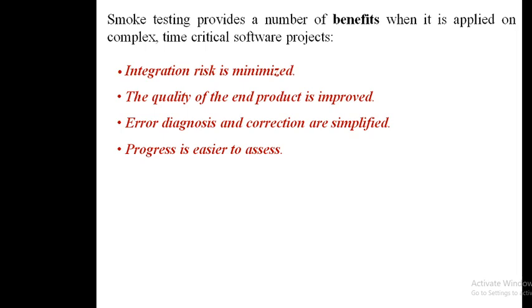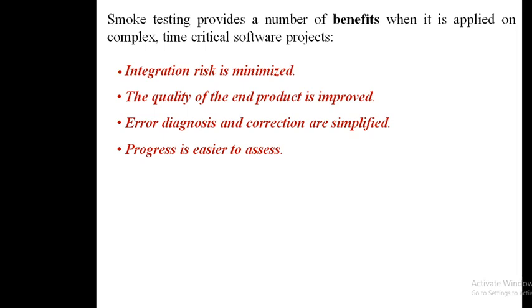With the help of smoke testing, we get a number of benefits when it is applied to complex or time-critical software projects. There are four benefits. First, integration risks are minimized.